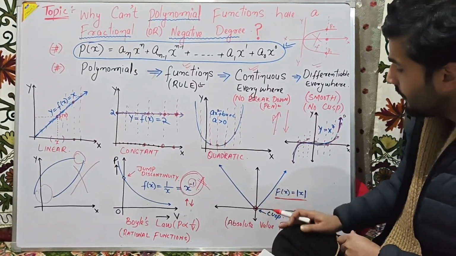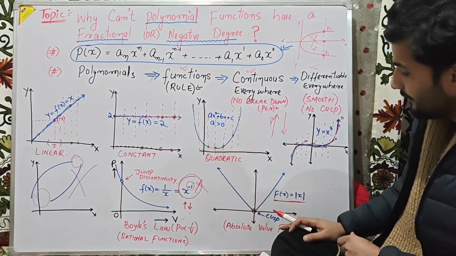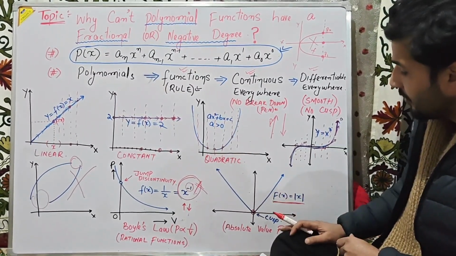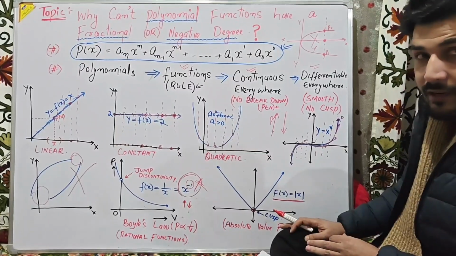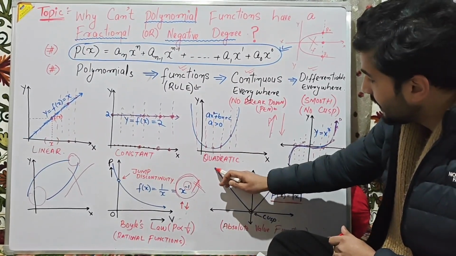But this absolute value function is not a polynomial function. We cannot call it a polynomial function. We can simply call it an absolute value function. But it is continuous. How is it continuous?